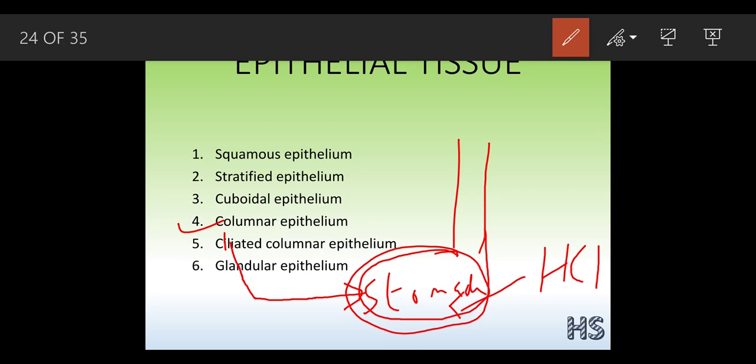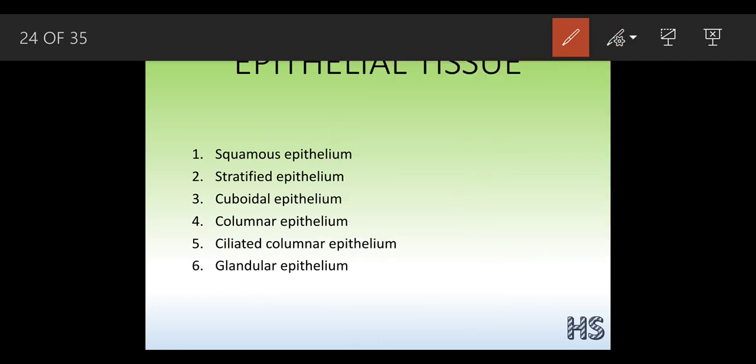Your stomach is going to get burst out, or there will be problems inside your stomach. So this columnar epithelium helps and protects the lining, the outer layer, of the stomach, and also the intestine, meaning the small intestine and the large intestine.